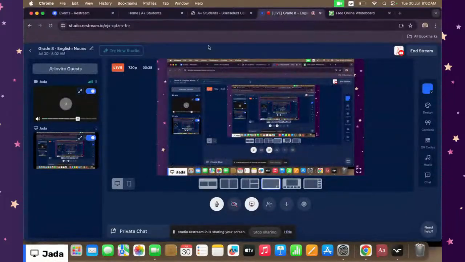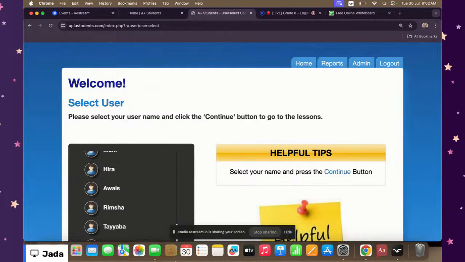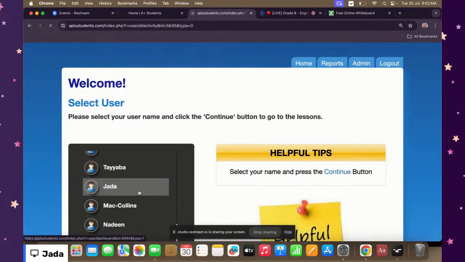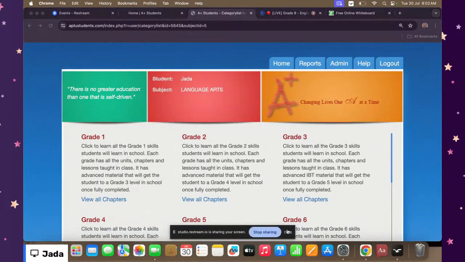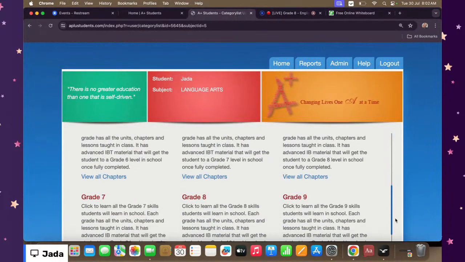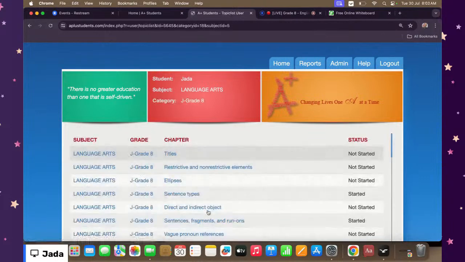Today we'll have nouns from grade 8. Let's just share the screen. But first, log in using aplusstudent.com, and then you click on your name, language arts, and then we move on to grade 8, and then we go to nouns.